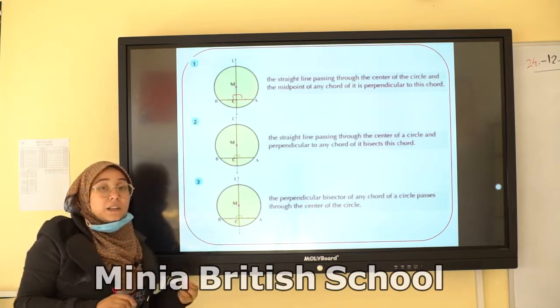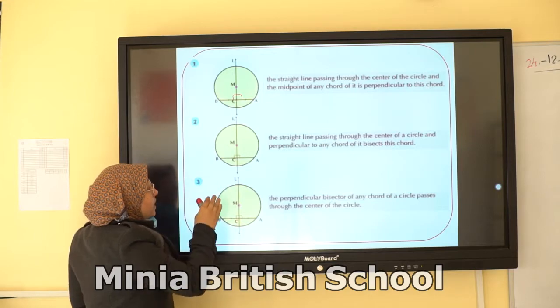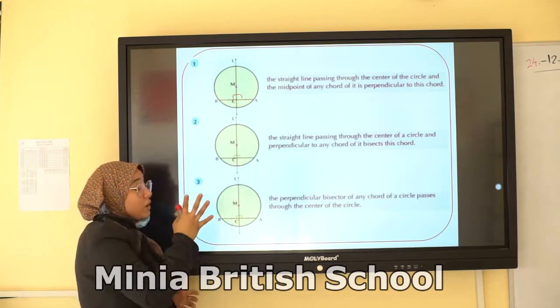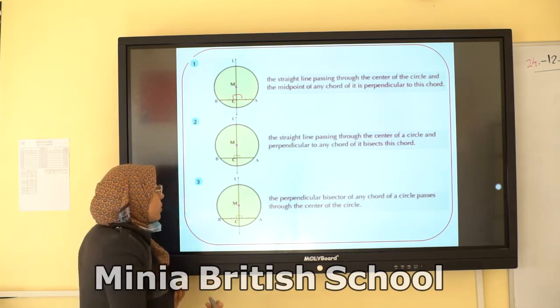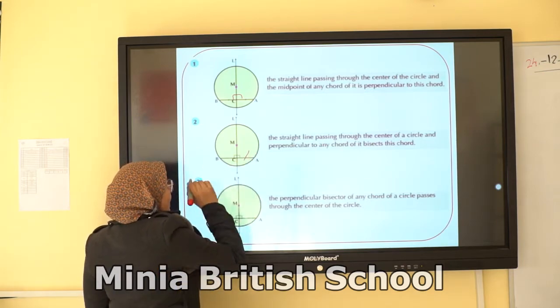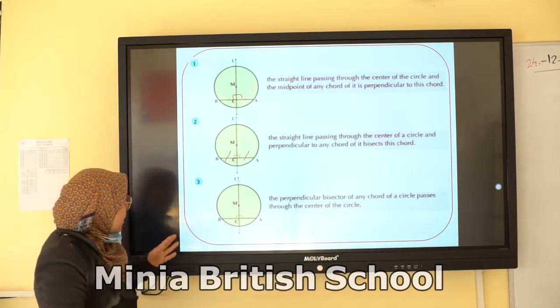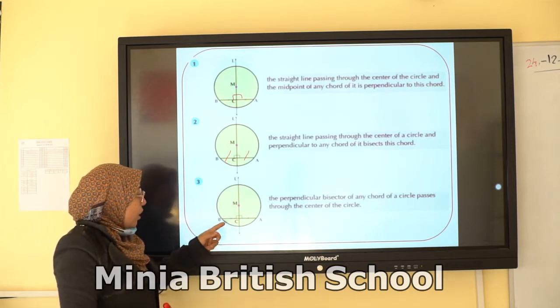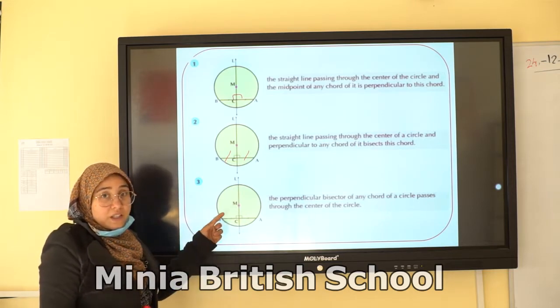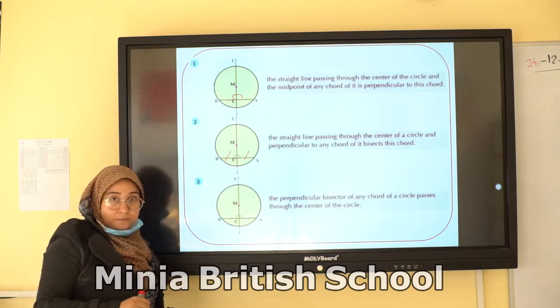Here, the straight line passing through the center of the circle and perpendicular to any chord in this circle bisects this chord. Therefore, here CA equals CB. But also, the perpendicular bisector of any chord of this circle passes through the center of the circle.